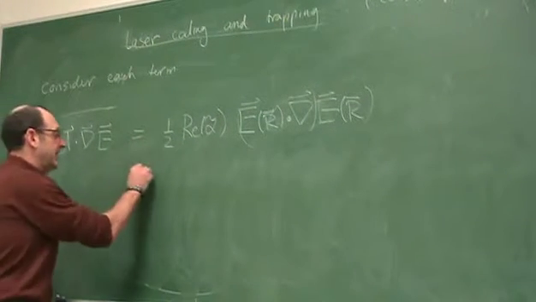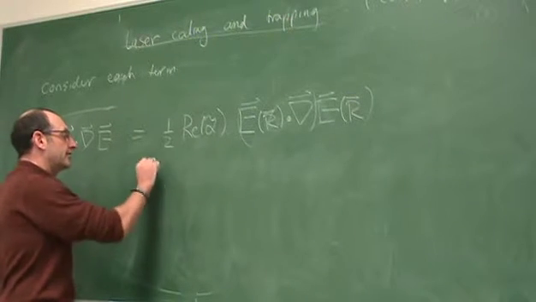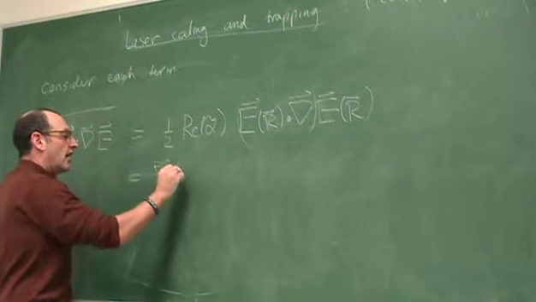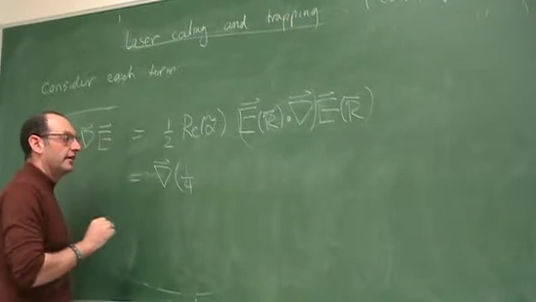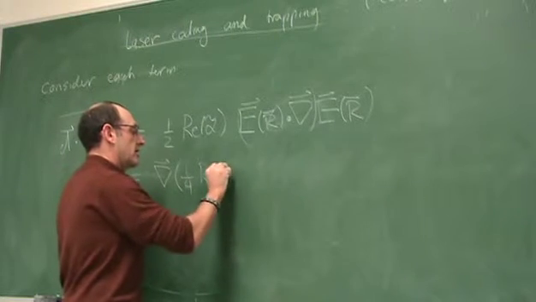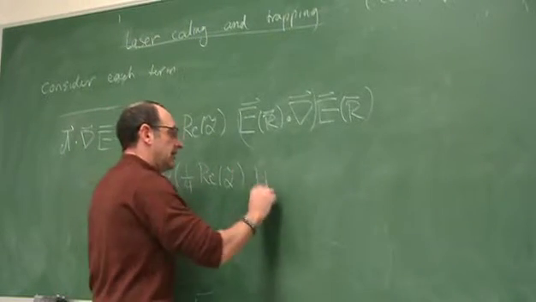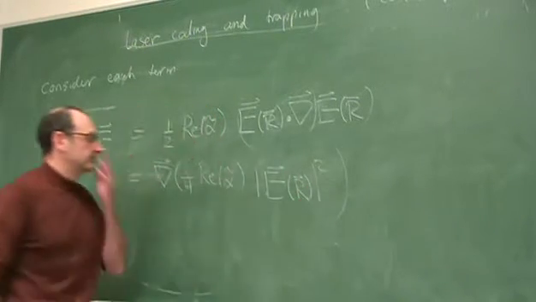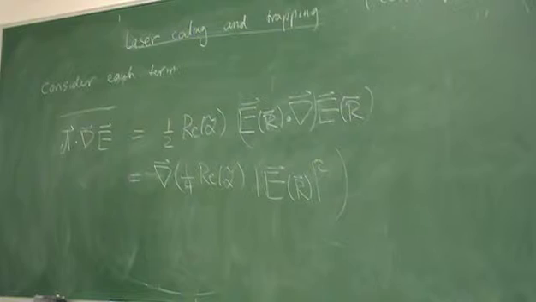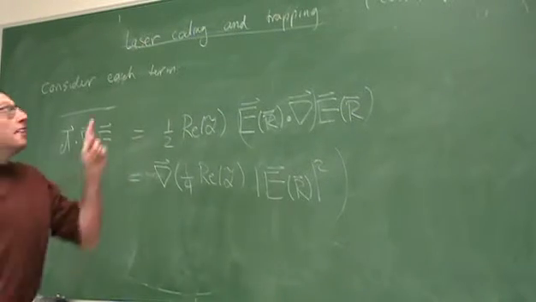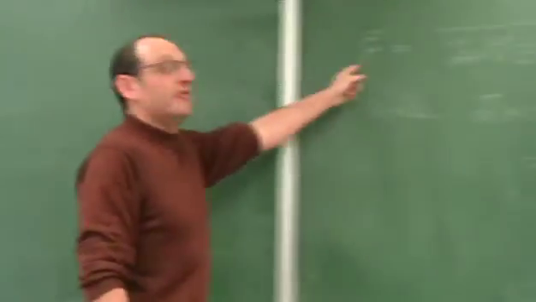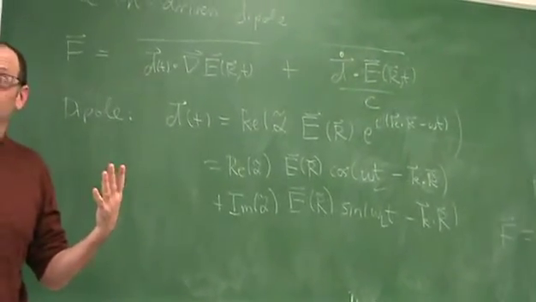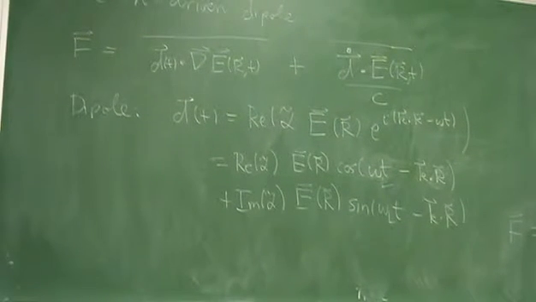Well, this expression is the gradient of 1/4 the real part of the polarizability times E dot E, or the magnitude of E squared. So this term in the force is a conservative force. It is the gradient of a potential.